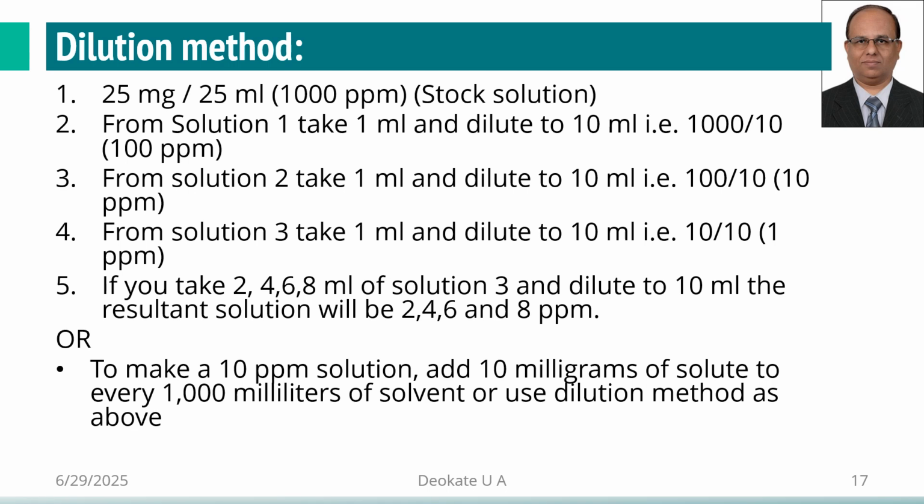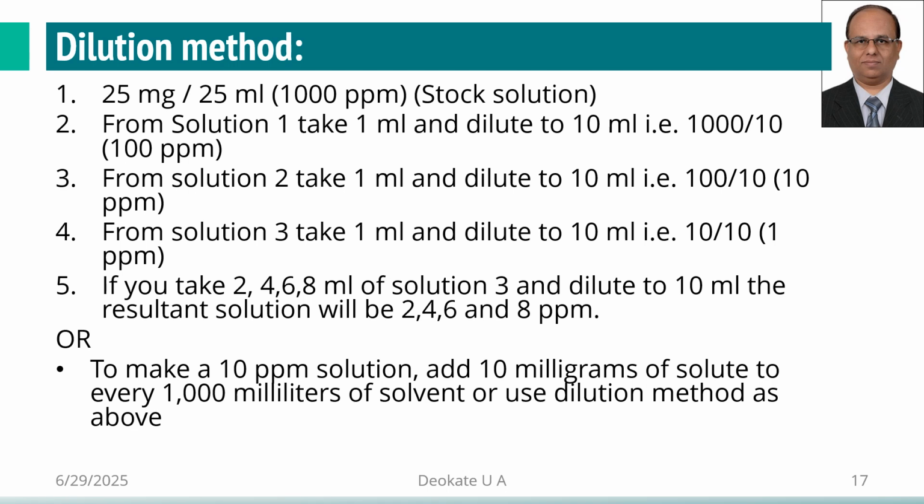Now, whenever we are preparing such solutions, see that the highest concentrated solution should not show an absorbance of more than 1. It means if you are using the 10 ppm solution as the highest concentrated solution, the absorbance should not be more than 1. If the absorbance is more than 1, you have to go for further dilution.